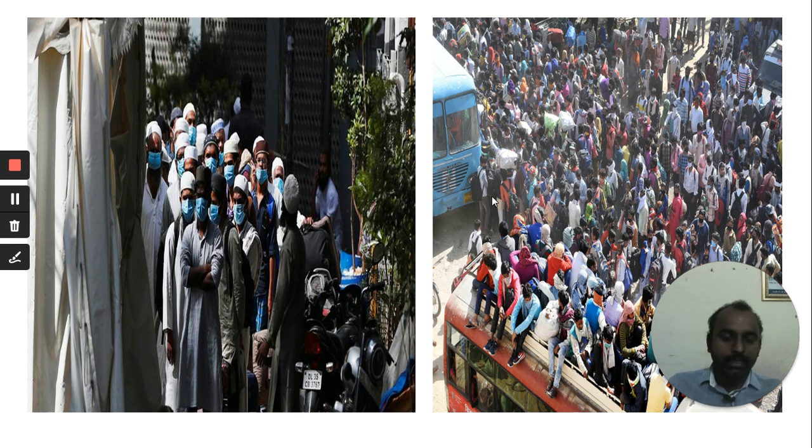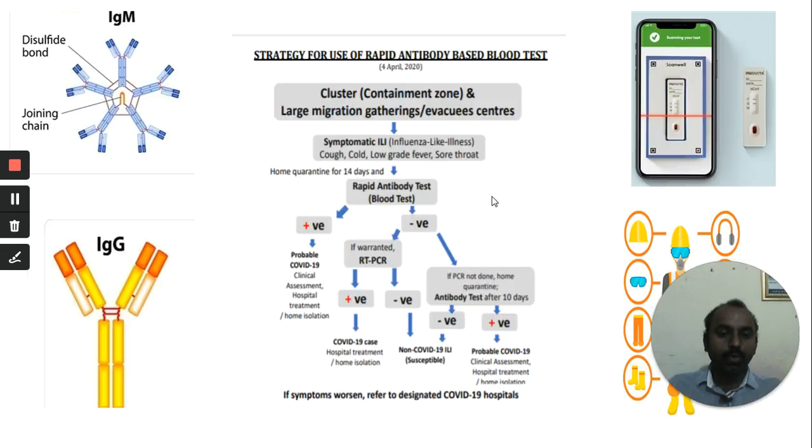In such cases, it is not possible to test all the individuals, whether they are healthy or infected, with the help of PCR, because it is not cost effective, and it is cumbersome and time consuming. In such cases, you do a rapid antibody based test.